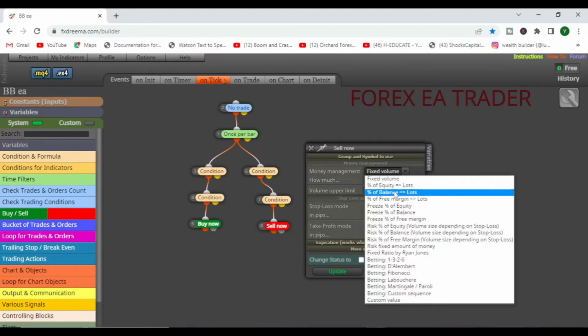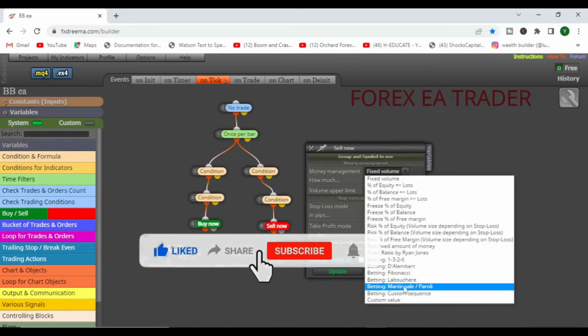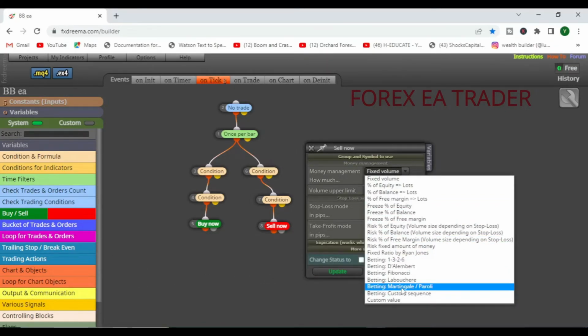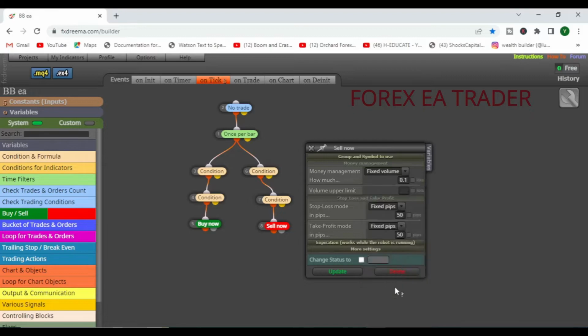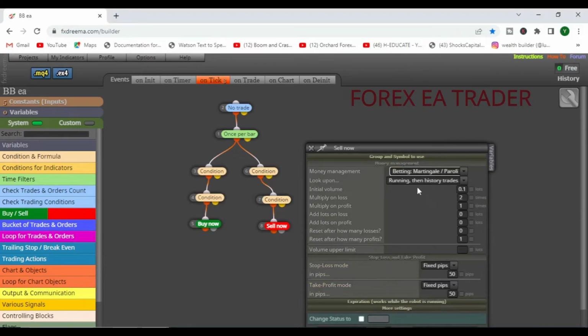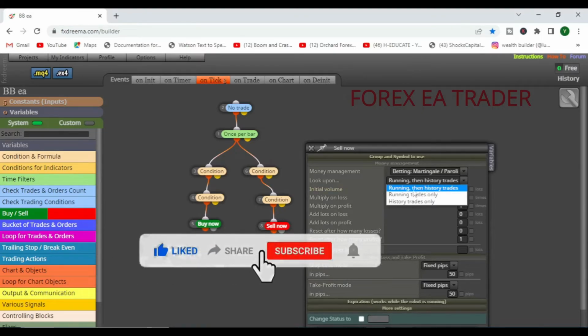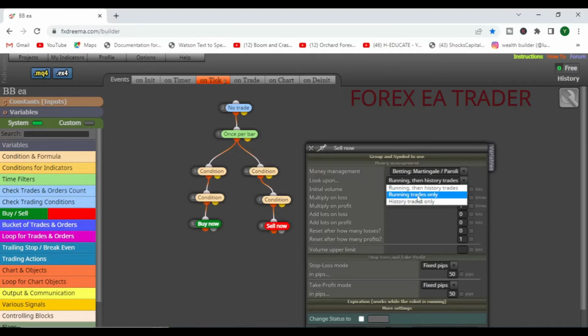You can use a whole lot of options here, including Martingale. There is a whole lot of other options that you can also use here. So we're just going to click on Martingale there. Now you have the option of using Martingale on running trades, then history trades, or to apply Martingale on running trades only.